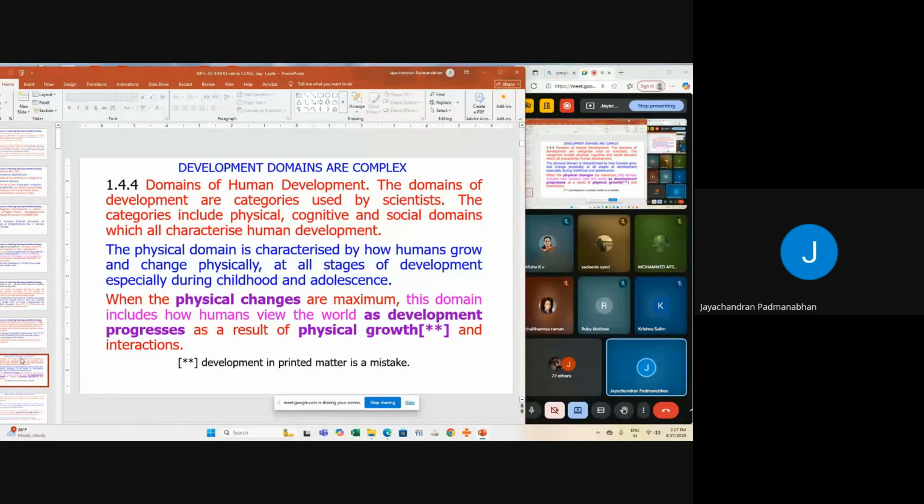See, why I am telling you is that I mentioned 0 to 1.5, that is immediately after birth to 1.5, then 1.5 to 3, 3 to 6, 6 to 12, 12 to 18, right from birth to adolescence. So it's all very important, when physical changes are maximum. This domain includes how humans view the world as development progresses, the result of physical growth and interaction. That's why I mentioned physical growth here.